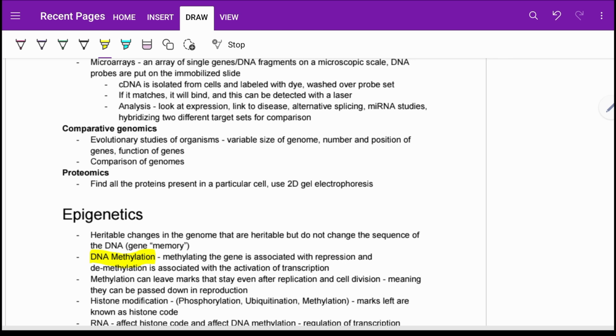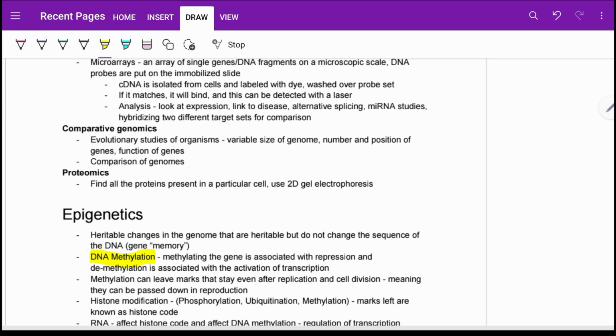We also have the idea of comparative genomics. So that's the evolutionary studies of organisms. That's trying to see, oh, does a bigger genome mean a more complex organism? Which actually, the answer could sometimes be no, because a lot of that could be non-coding DNA or vestigial DNA. We can also look at the different functions of genes across organisms.